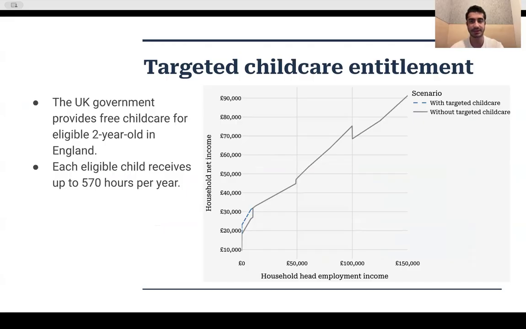Let's go to the targeted childcare entitlement, program number 4. And yeah, in this program the eligible children should be only 2 years old, and there is a cap of 570 hours per week. I mean, up to this number of hours, eligible children can receive that. And there are some requirements for this entitlement.